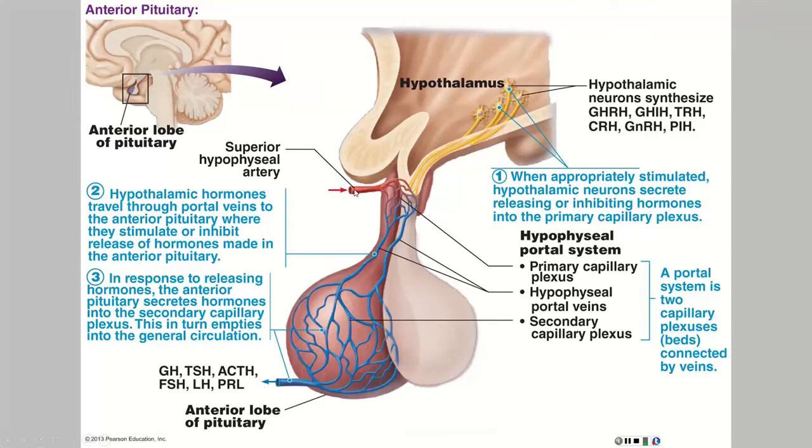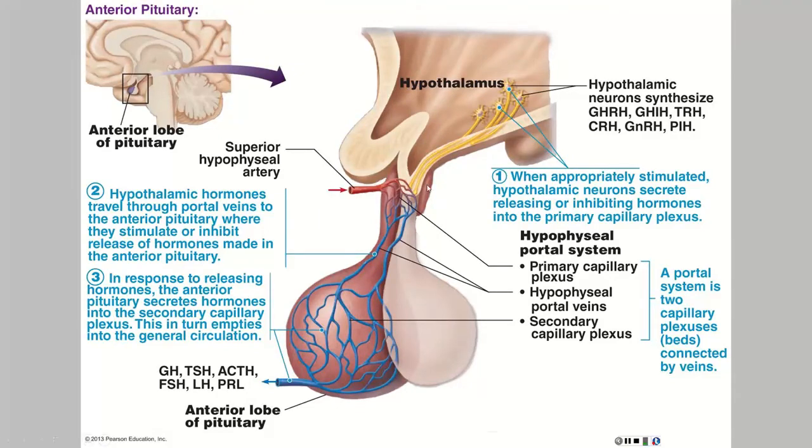Here's one of our arteries, or really it's an arteriole, that brings blood to this first capillary bed that surrounds the infundibulum, right around where these neurons have their axon terminals. Now here's this capillary bed. And then as we leave the capillary bed, normally when you leave a capillary bed, you go into a venule, and then to a vein, and then back to the heart.